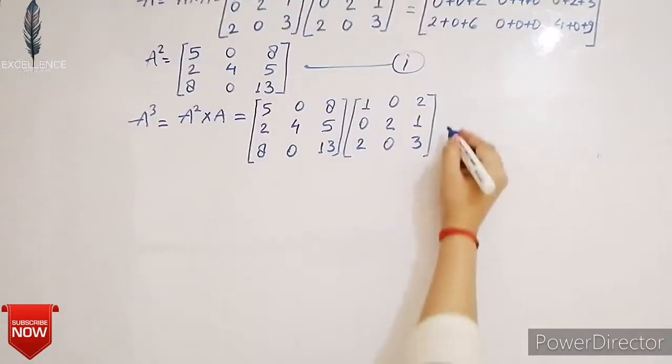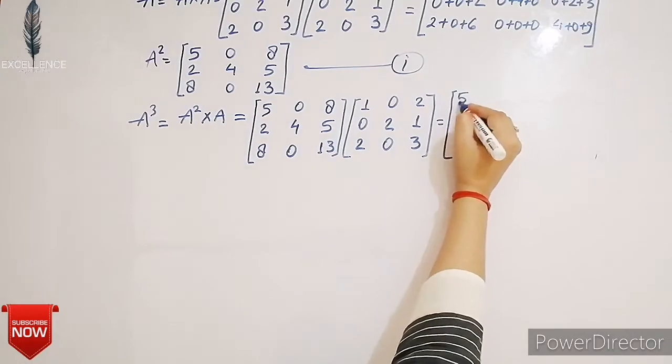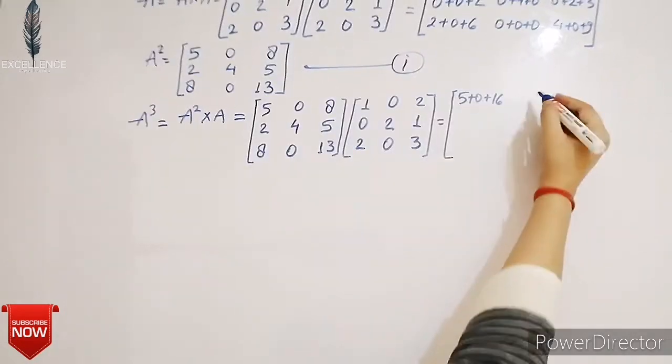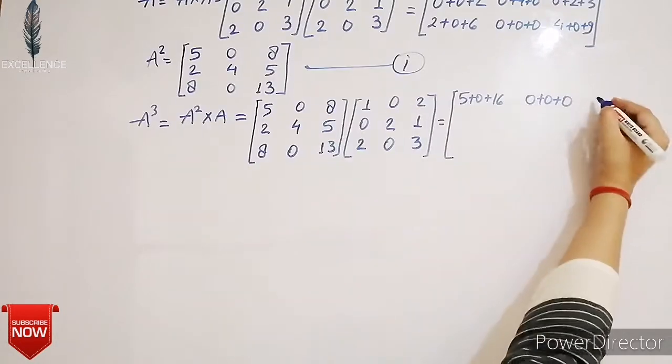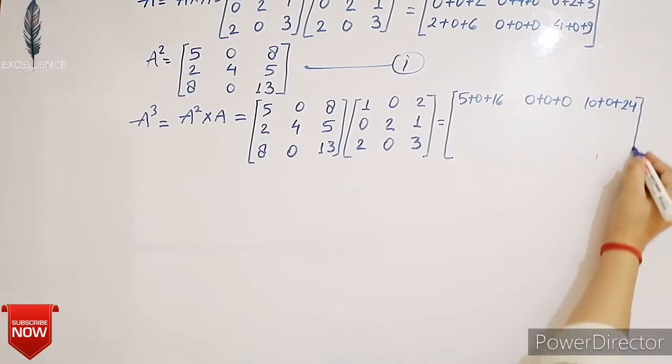On multiplying, the first element is 5 plus 0 plus 16. Next is 0 plus 0 plus 0 and next is 10 plus 0 plus 8 threes are 24.